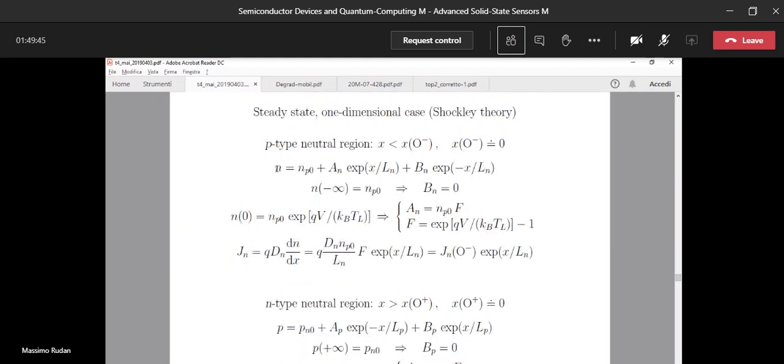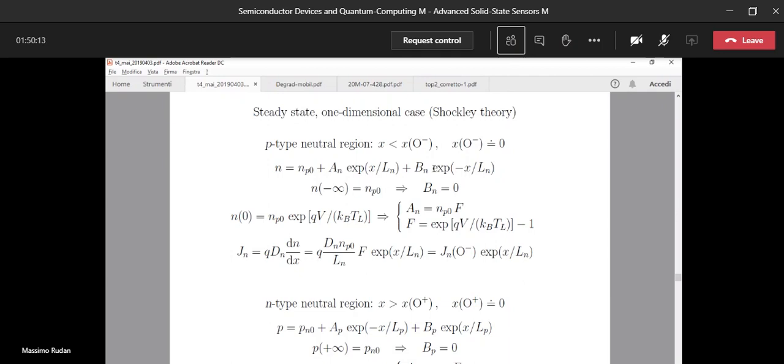So we can say that n is equal to np0 plus some coefficient to be determined, An, times the exponential of x over the diffusion length Ln, plus Bn, that is another coefficient, times the exponential of minus x over Ln, okay?